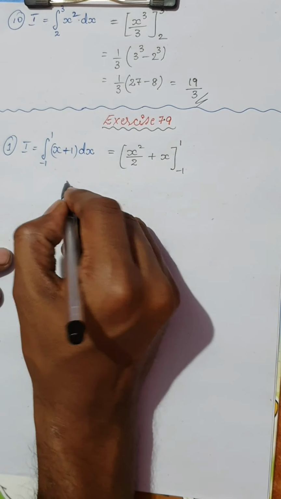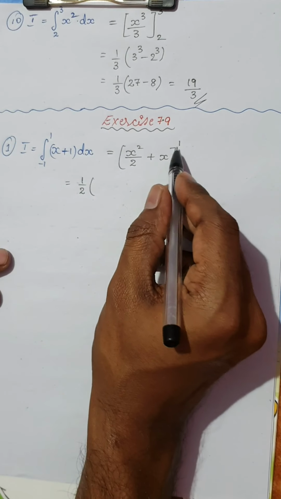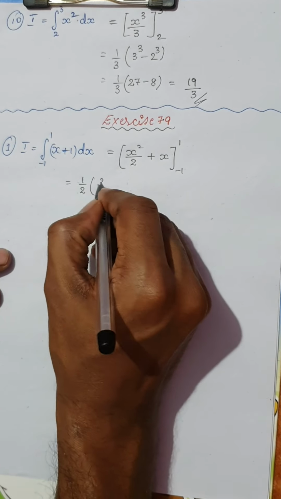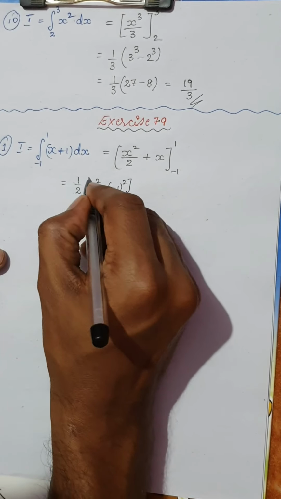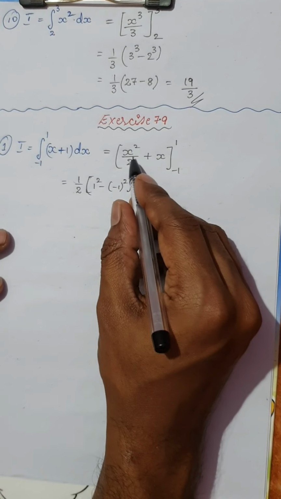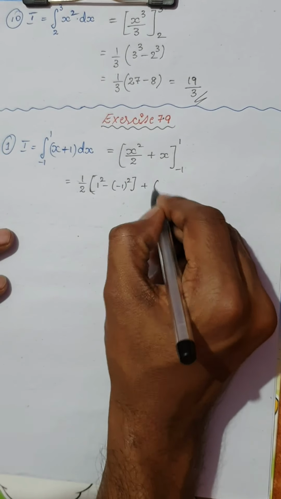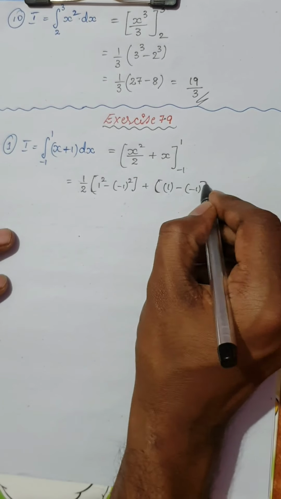Okay, so let us apply the limits here. Now 1 by 2 is a constant. Let me apply both the upper and lower limit first. So it is 1 square minus, remember it is minus 1 square, upper limit minus lower limit square, right, plus, now here the upper limit is 1 minus the lower limit is minus 1.